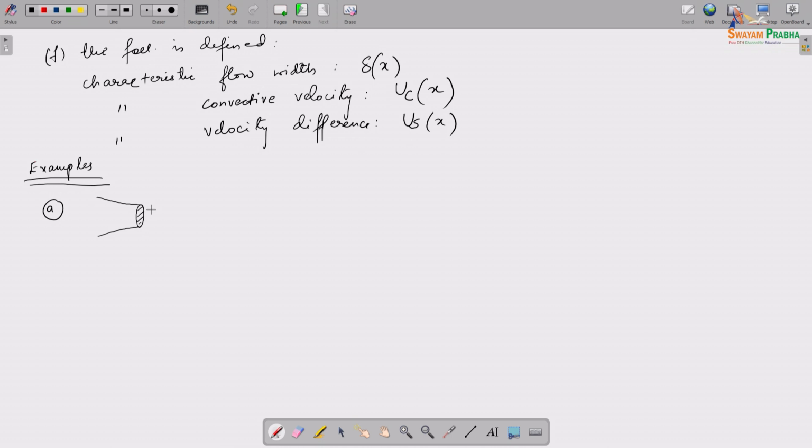You have flow coming in, and this is something we've just done. This is a boundary layer, and this is y.